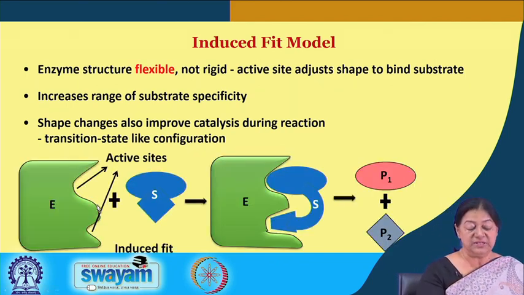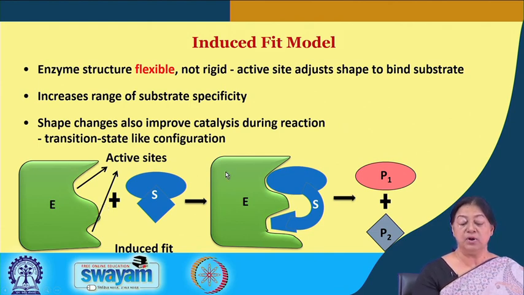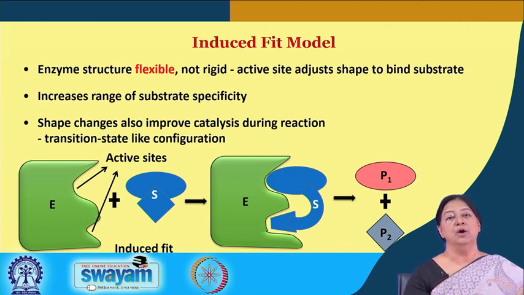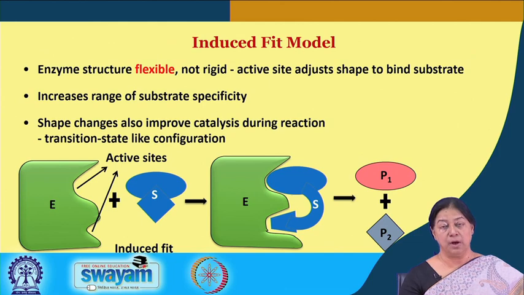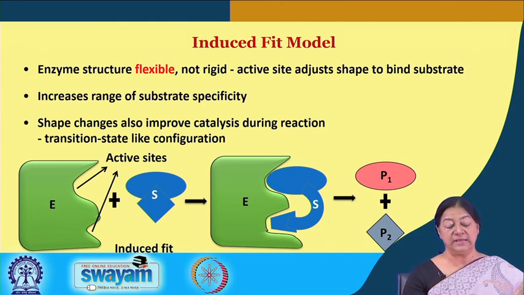So, with a specific active site shaped like this, the substrate can come in, and you can see the enzyme has adjusted itself to accommodate the substrate. It will have changes in bond formation, and then we have the product formation.